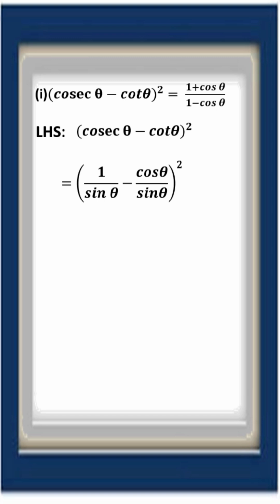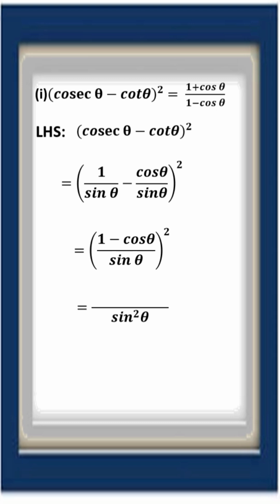The LCM is sine theta. In the numerator we have 1 minus cos theta. Now let us separate numerator and denominator. Sine square theta is the denominator, 1 minus cos theta the whole square is the numerator.